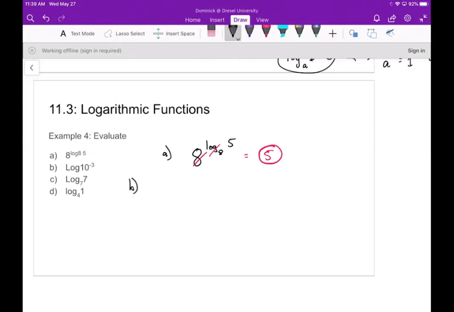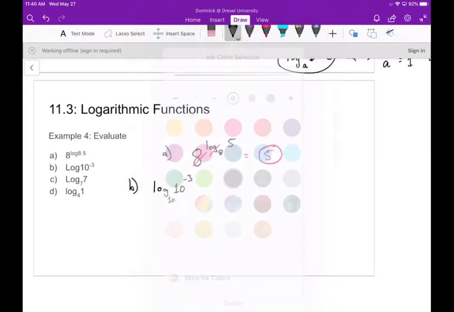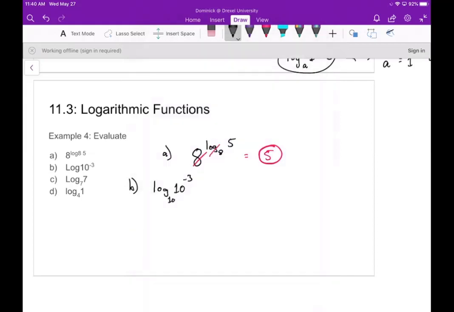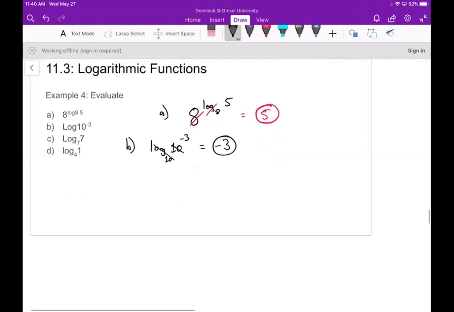Okay, in part B, we have log of 10 to the negative third. Since there's no base indicated there, we know that it's base 10. Now, the log base 10 and the 10 to a power essentially cancel, and we're left with negative 3. And of course, you could also show that by converting, but I'm just using the properties here.